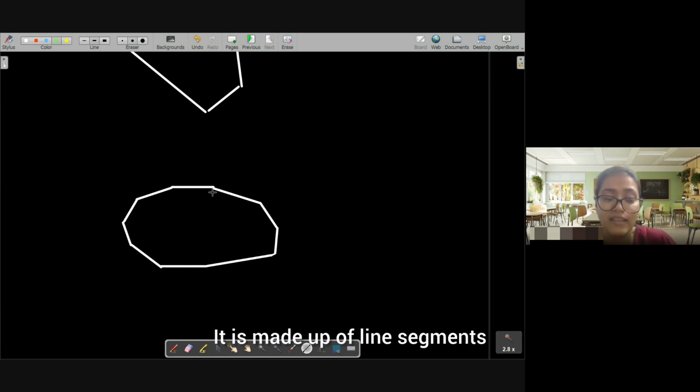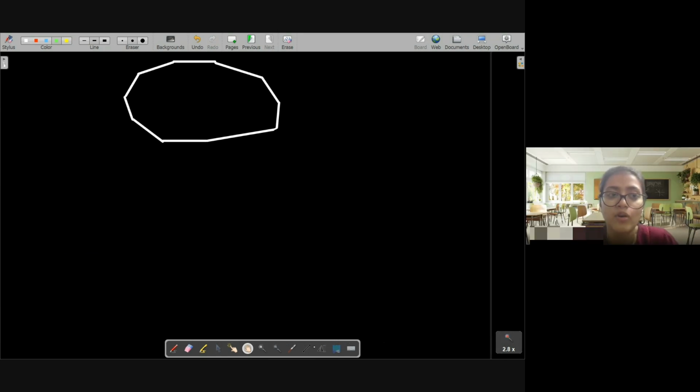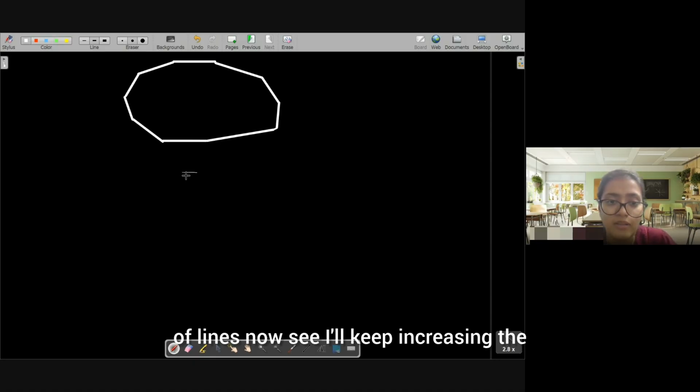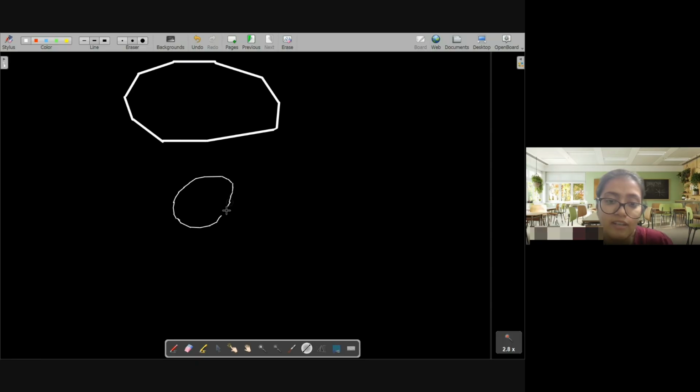It is made up of line segments. Even when you keep increasing the number of lines, now see, I'll keep increasing the number of lines, and if I just continue like this, you may say that this looks like an oval shape.